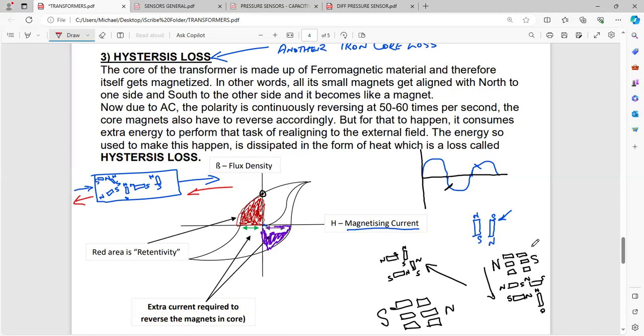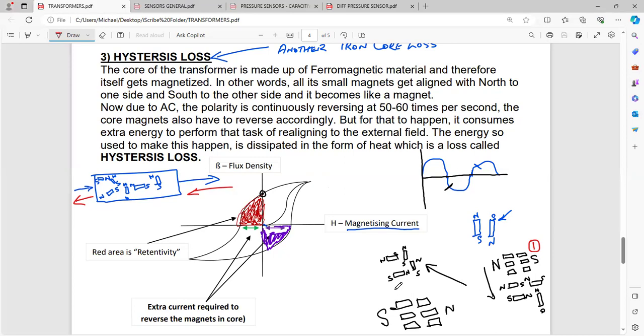Case 1. And then you're going to reach your peak, by which time all the magnets will become like that. In other words, you're going to get saturation. If you increase the current further, that's not going to change anything because all these tiny magnets have become arranged here as in case 1.